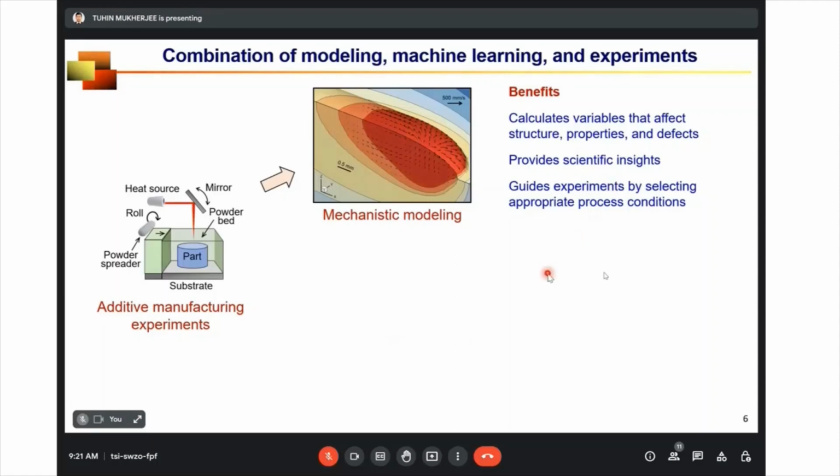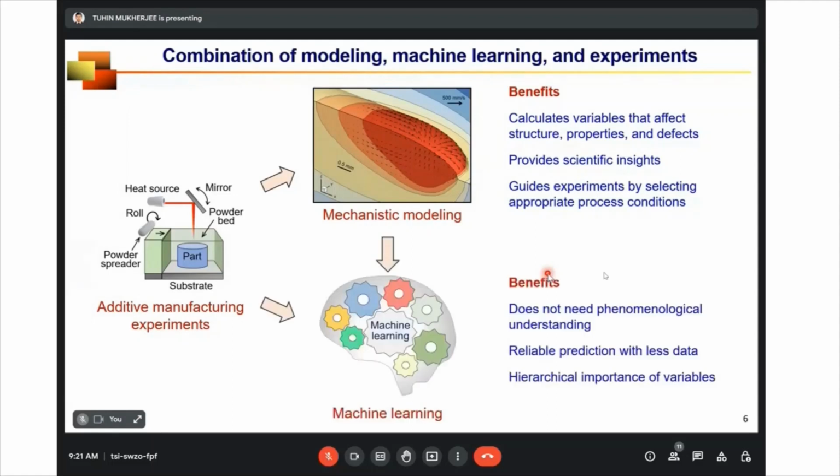But there is also a problem. Additive manufacturing is a relatively new process for which we often do not understand the physics for all cases. So what to do? We cannot develop a model if we do not understand the physics. In those cases, we take advantage of data-driven tools such as machine learning.